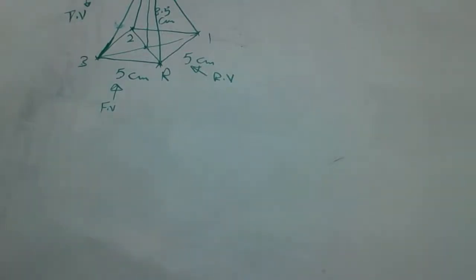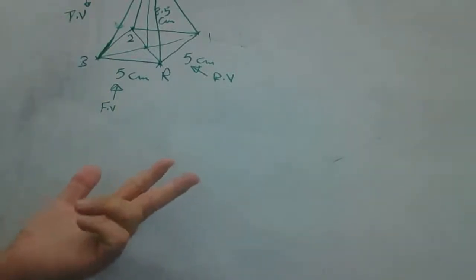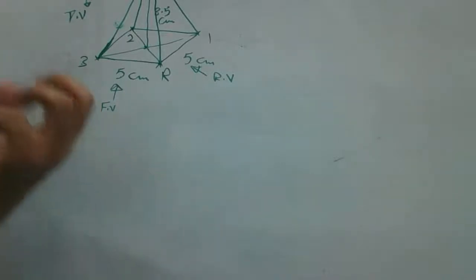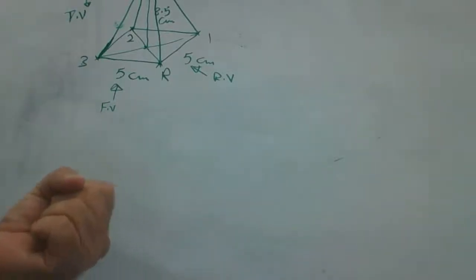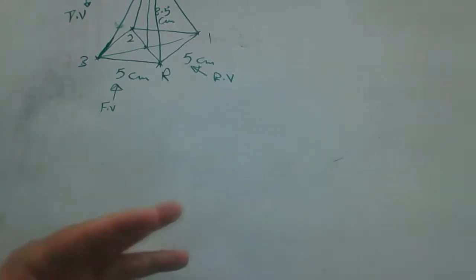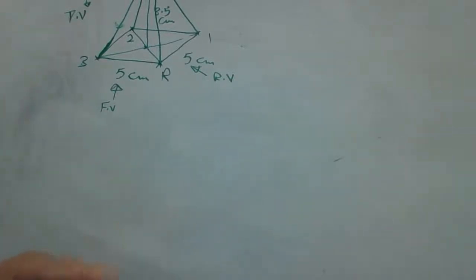Okay, now how can we draw a real shape of a pyramid using two methods, isometric or oblique, to draw the real shape or the pictorial of the pyramid. Now for parts 4, 5, 6, I will choose one method to draw, then you can continue with the other method.